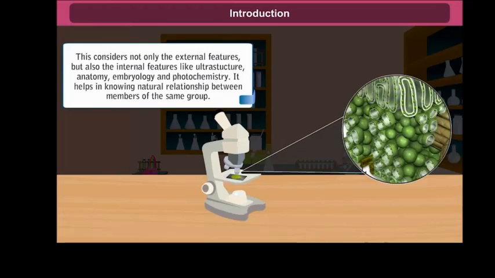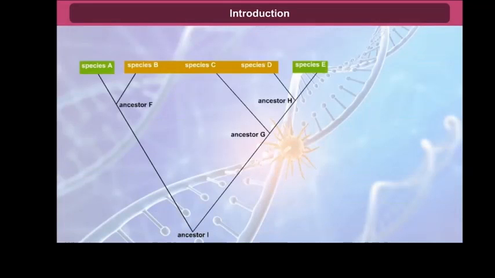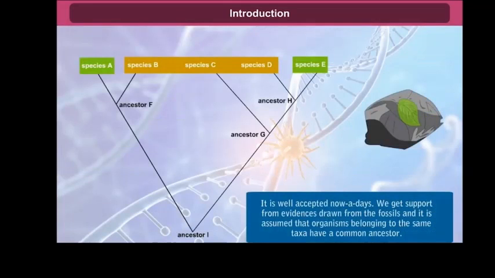It helps in knowing the natural relationship between members of the same group. It is well accepted nowadays. We get support from evidences drawn from the fossils, and it is assumed that organisms belonging to the same taxa have a common ancestor.